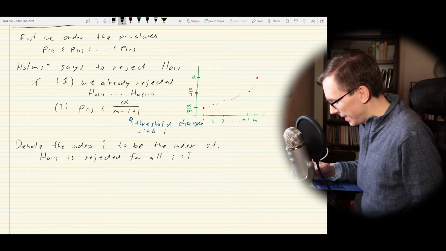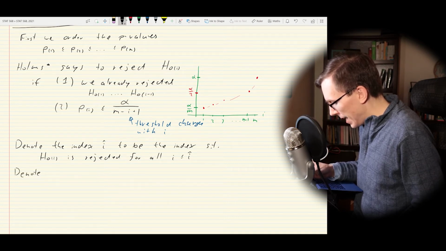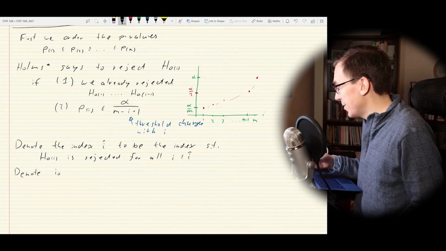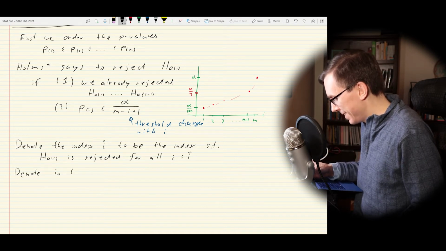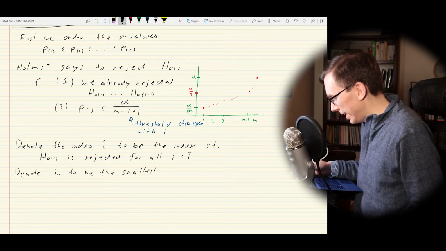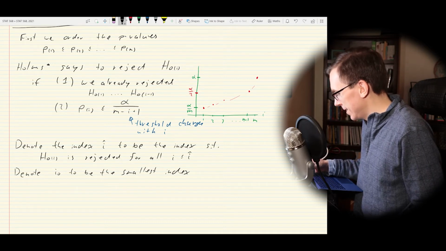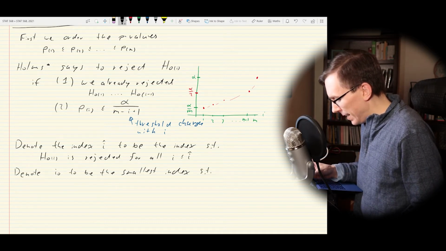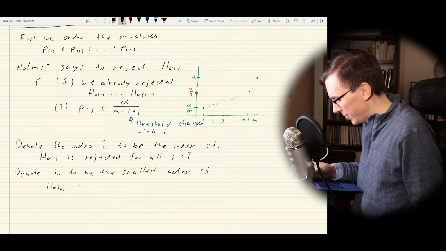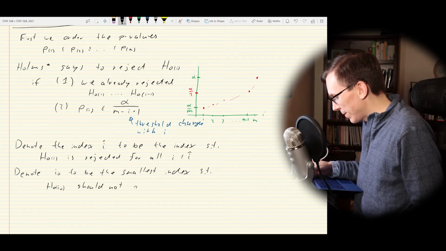And then we also denote I naught to be the smallest index such that H naught I naught, I guess I should put this in brackets, should not be rejected.